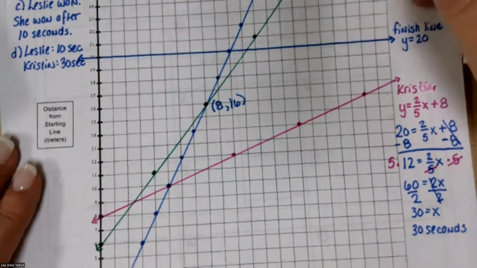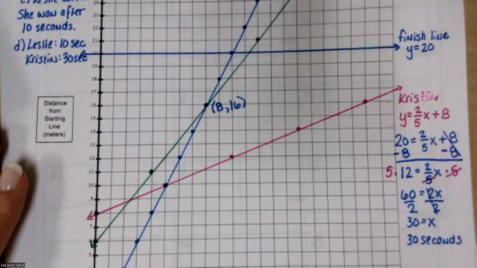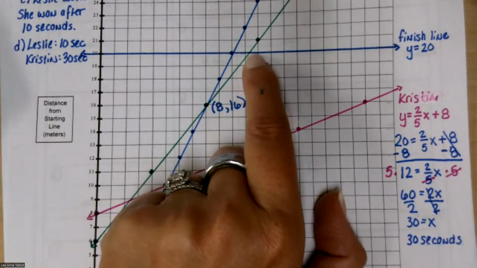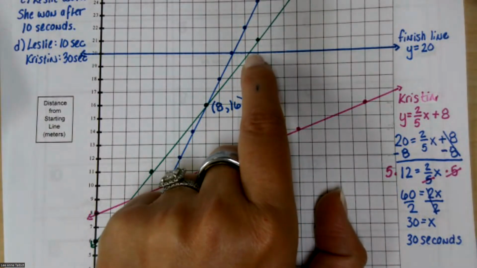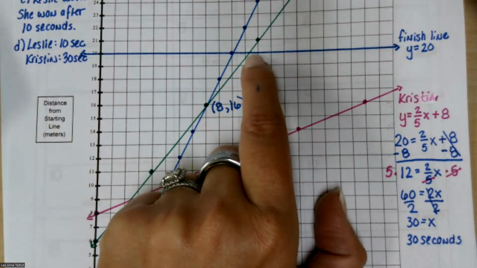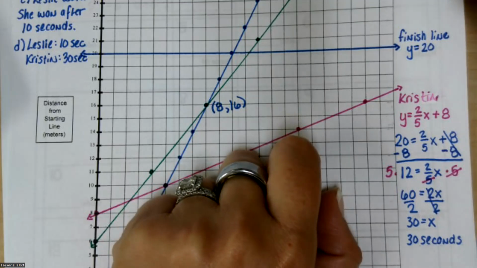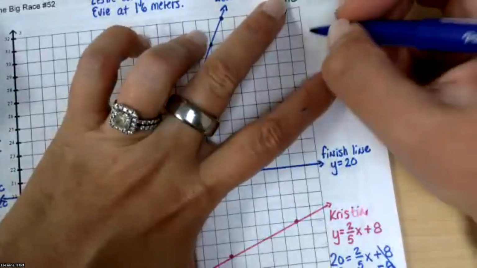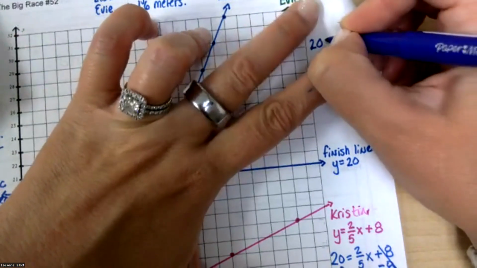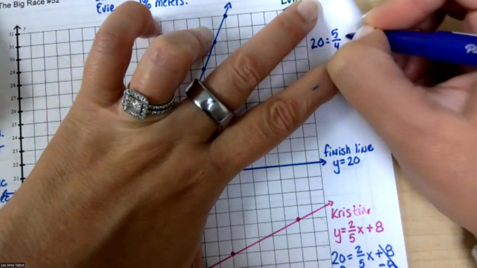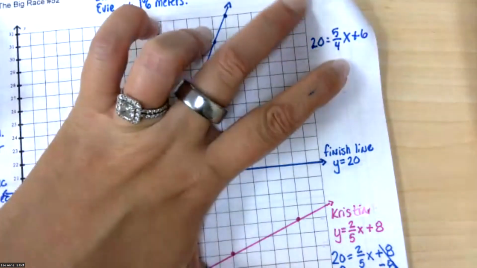What about Evie? Can you tell from the picture, or should we plug in 20? Do you think we should plug it in? Okay. So 20 equals 5 over 4x plus 6.